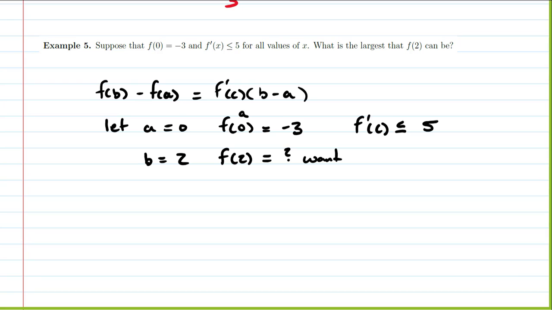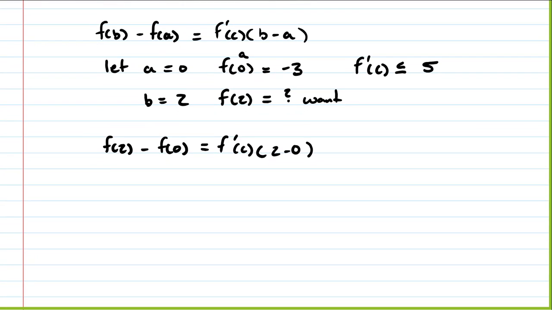So then that would tell us that f of 2 minus f of 0 is equal to f prime of some value of c times 2 minus 0. So we know f of 2 is what we want. F of 0 is negative 3. And now we know f prime of c is less than or equal to 5.